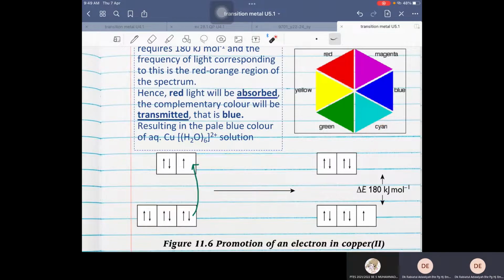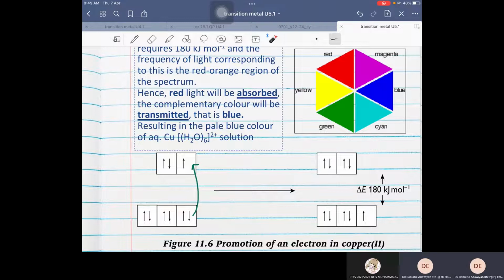So that means if copper 2+ shows a blue solution, this complex does not absorb blue color. Okay? So they absorb the color that is, I wouldn't call it opposite, but we call it complementary.